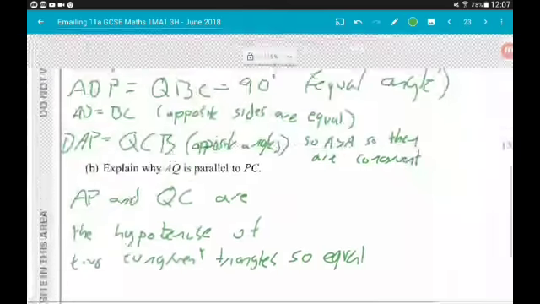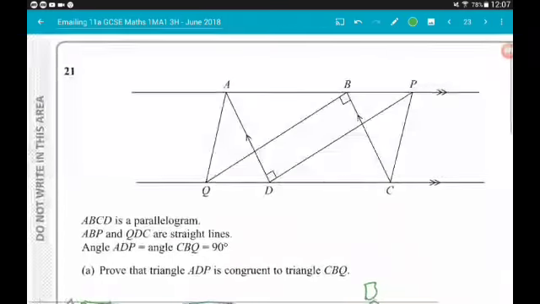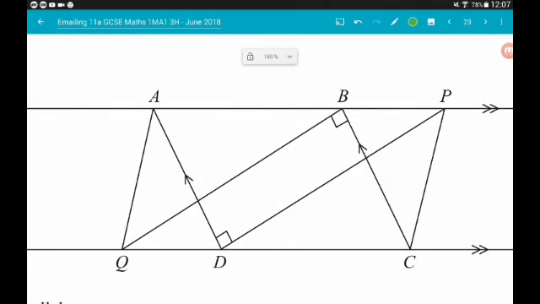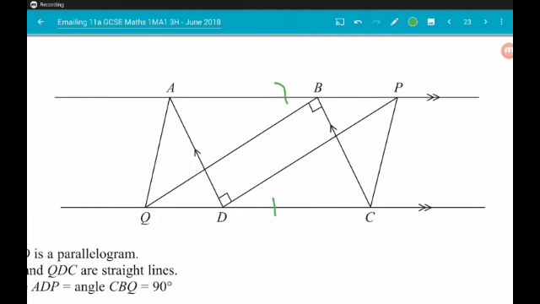Okay, so we are saying this whole top length is equal to this whole bottom length. AP is equal to QC. Now we know as well that AP and QC are parallel, so this must mean they are equal length and parallel, so they must be opposite sides of a parallelogram.